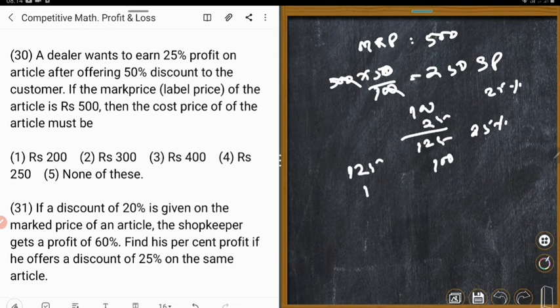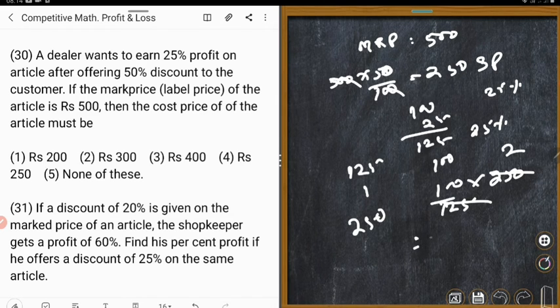When the selling price is 250, it is 250 into 100 upon 125, is equal to 200. So CP is equal to how many? CP is equal to 200. Which is the correct? Number 1 is the correct. Right?